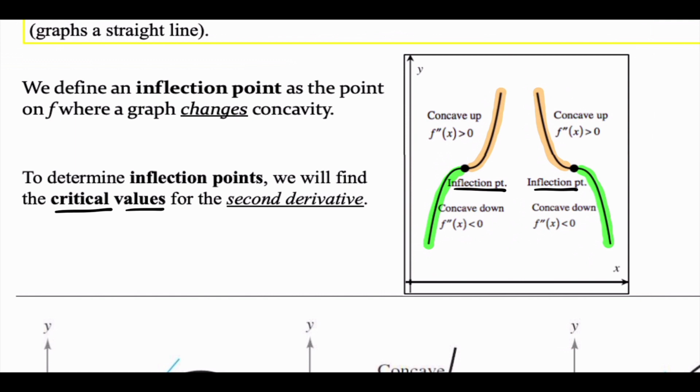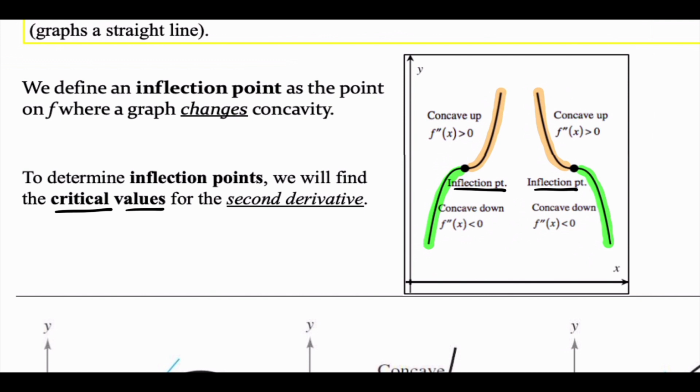For the second derivative, it's going to create what's called an inflection point. It changes from concave up to concave down, or from concave down to concave up. There's a change there. Okay? Because it's going to ask you to find the inflection points. That's the same thing as a critical value, but for the second derivative.